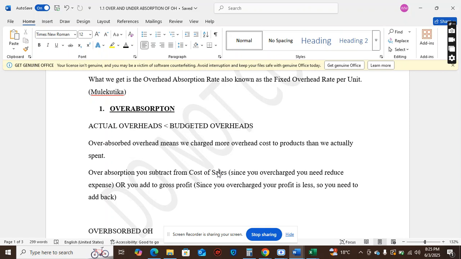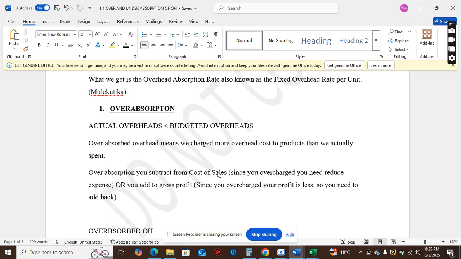If you don't subtract from cost of sales, the other adjustment is with gross profit. With gross profit, the over-absorbed overheads you need to add to the gross profit. Why? Since you've overcharged by over-absorbing, your cost of sales is inflated and it means your profit is less.